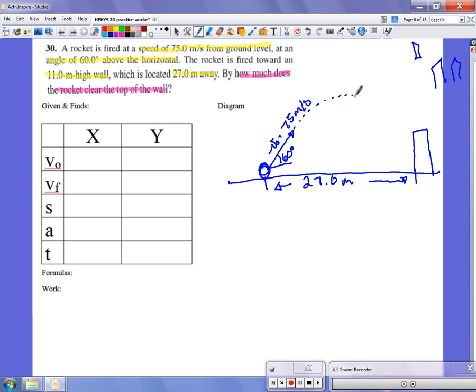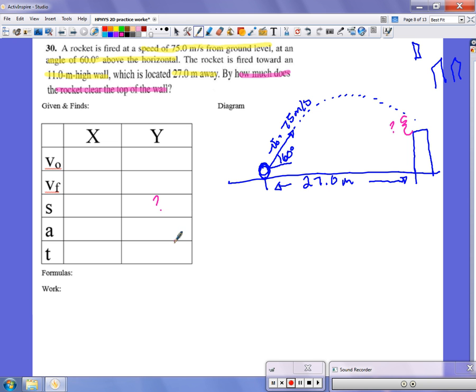Here's the parabola that it takes, and hopefully we are clearing the wall. My diagram is a little bit skewed, but what we're actually looking for is this height here, this value. That's truly what we're going to look for. But in order to do that, we need to find the y displacement at this point.